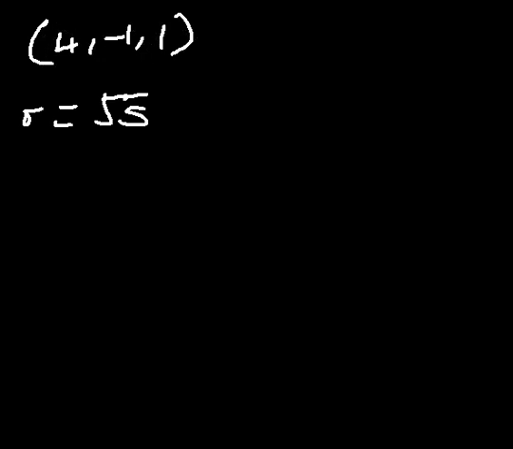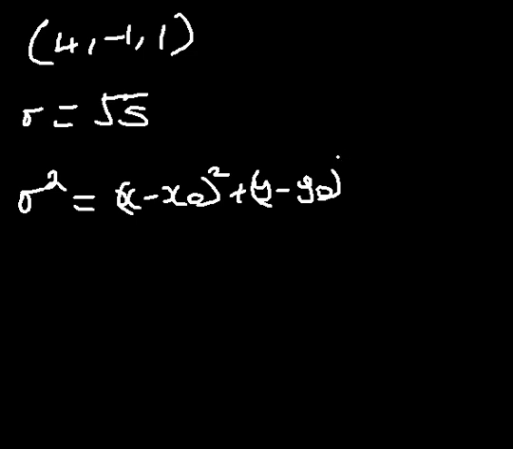So now the equation is given as r squared equal to x minus x naught to the power 2, plus y minus y naught to the power 2, plus z minus z naught to the power 2.